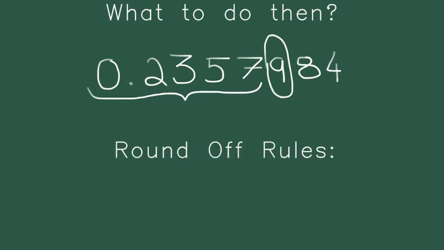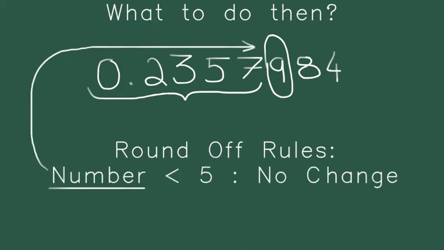Well, first of all, the 9 over here, which is just outside of the portion that we didn't want, is the number that decides whether the number on the left hand side is going to increase by 1 or not. If this number, which is 9 in this case, is less than 5, there is going to be no change in the number on the left hand side.